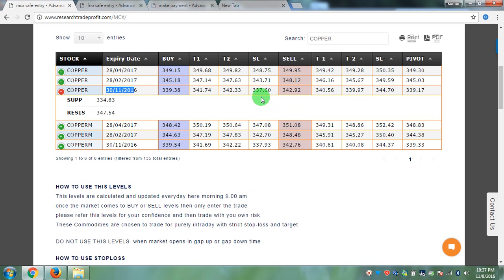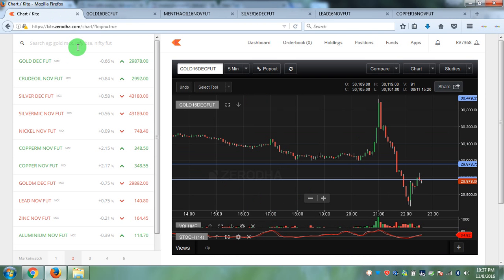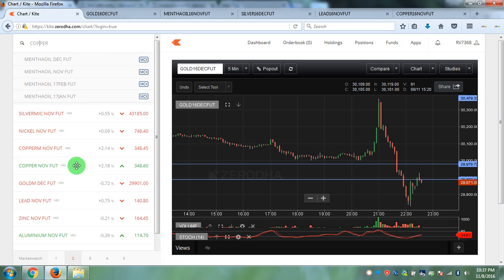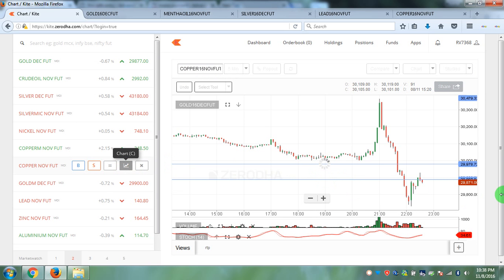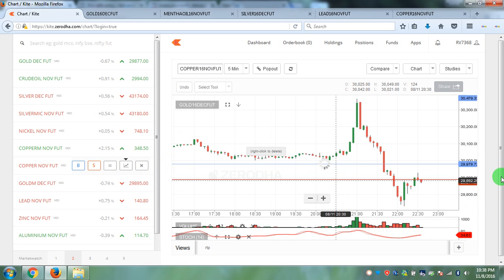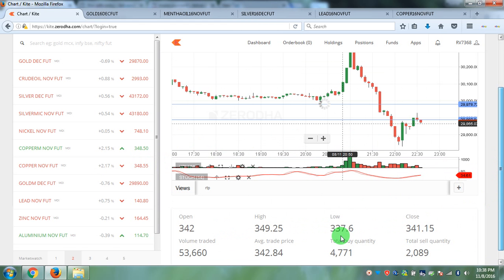337.60 paisa was the stop loss for the buy call in copper, and you can see this. Let us check the copper day low for today. 337.60 paisa.